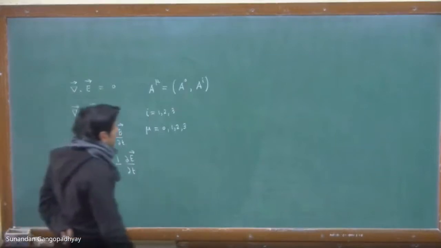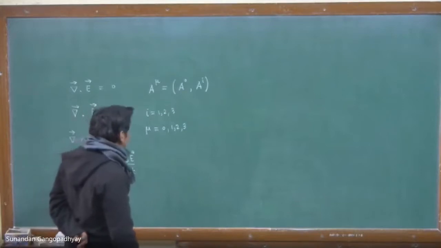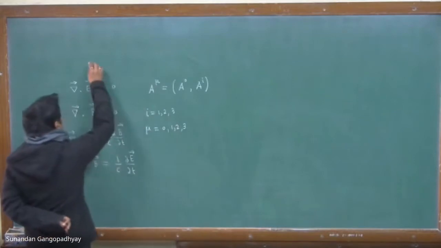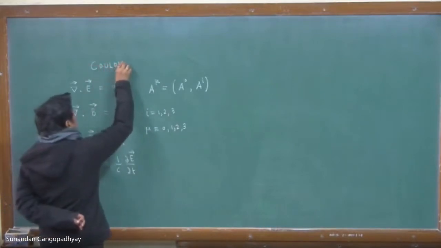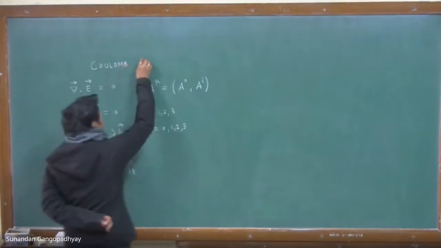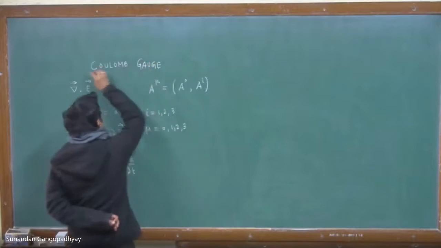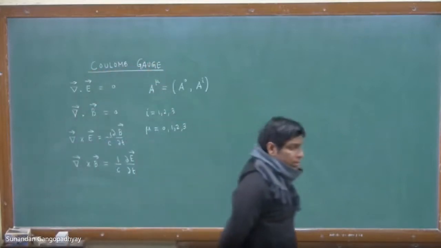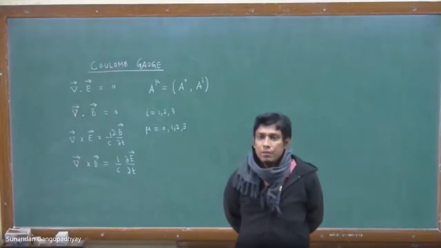We also know that what we shall do is try to quantize the electromagnetic field in the Coulomb gauge. We shall later on see how we can carry out the quantization, since electrodynamics is a covariant, relativistic theory.